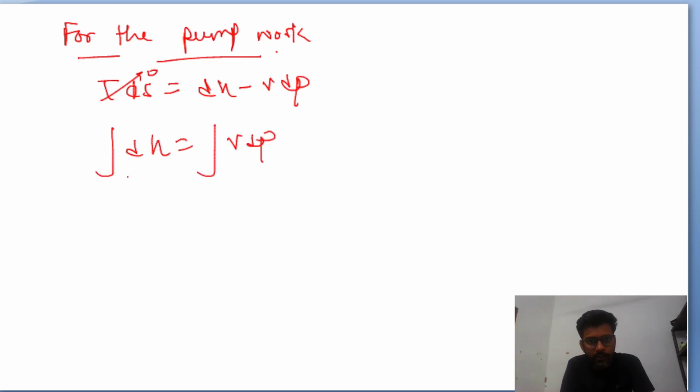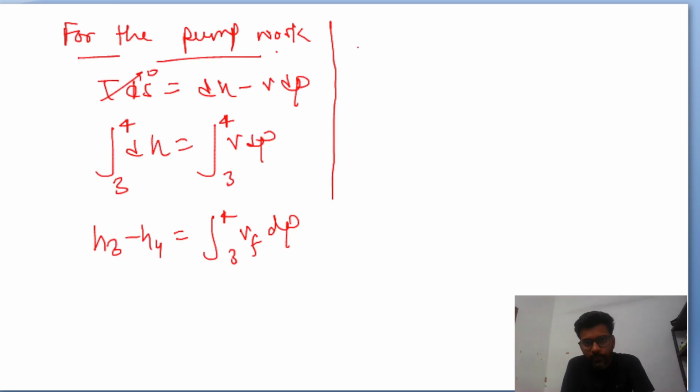If we integrate from 3 to 4, then we get H4 minus H3 is equal to the integral of V dP. Here V is V3, that is saturated liquid.